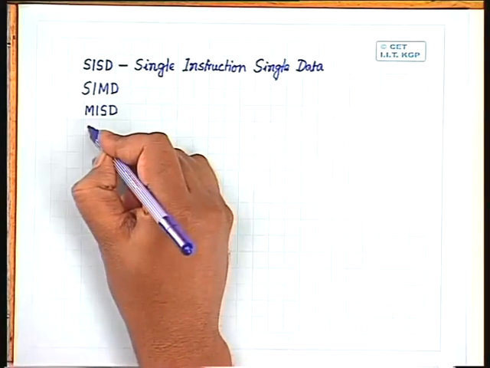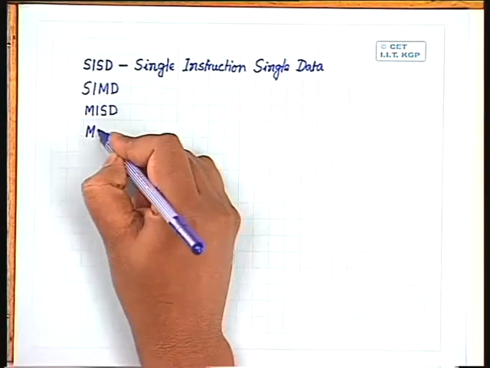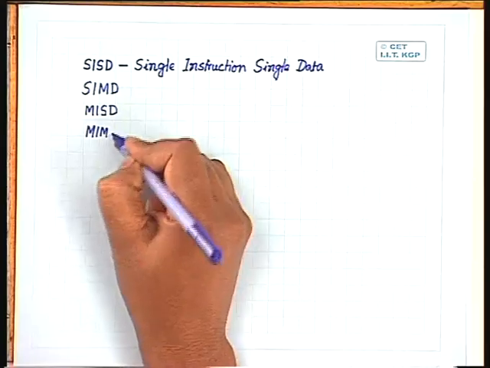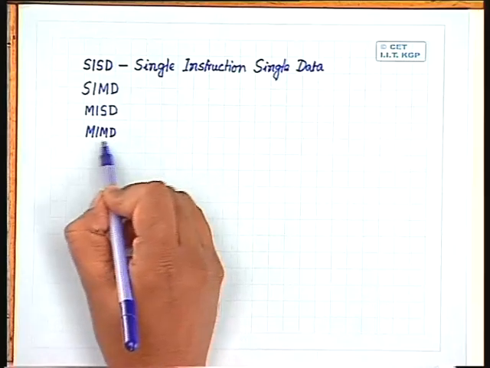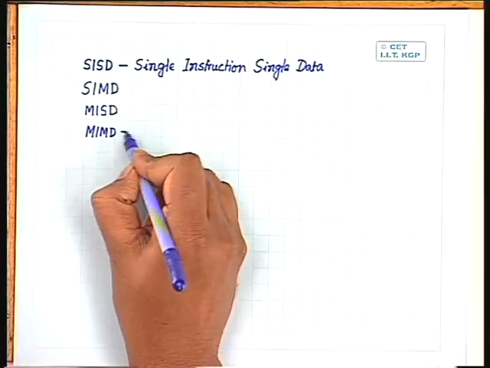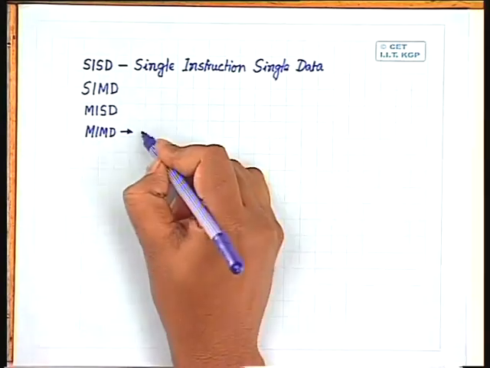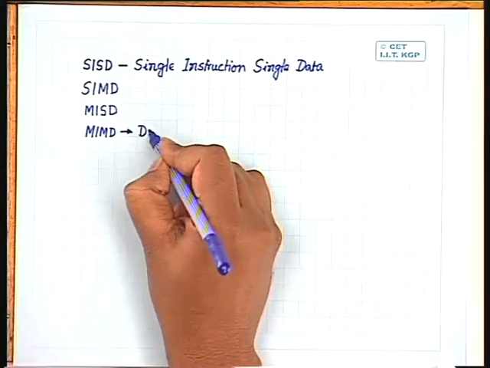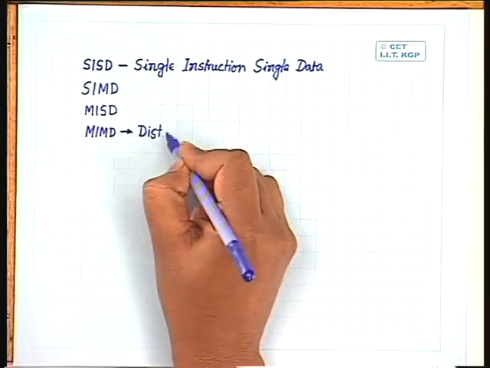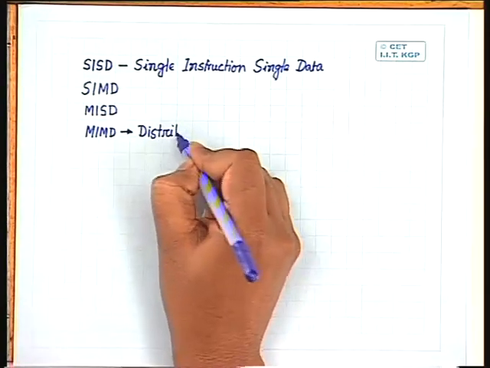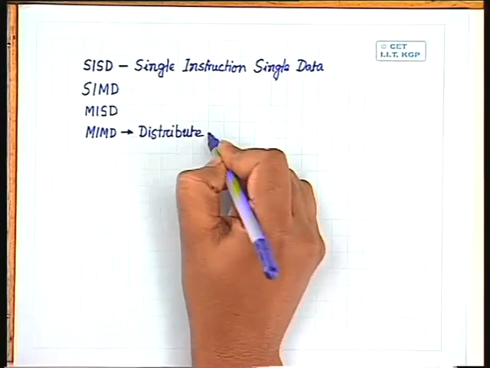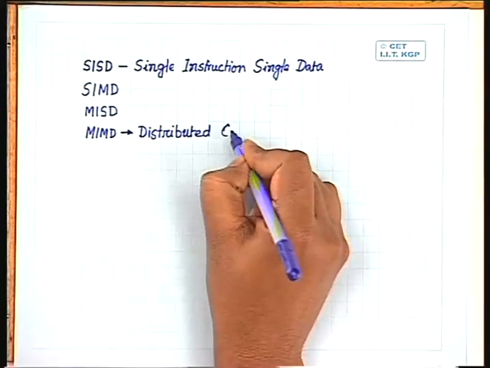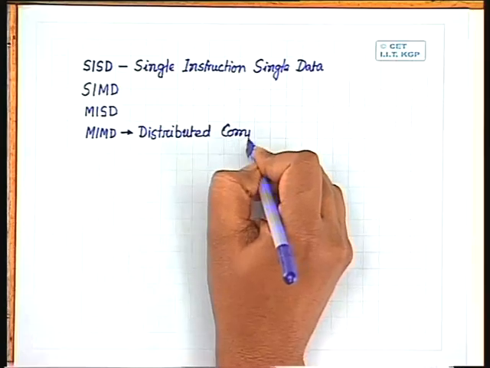But another kind of architecture which is widely used is called MIMD, or multiple instruction multiple data type of computer. This MIMD leads to a type of computing which is called distributed computing. Essentially, in MIMD architecture we can have a number of independent computers.